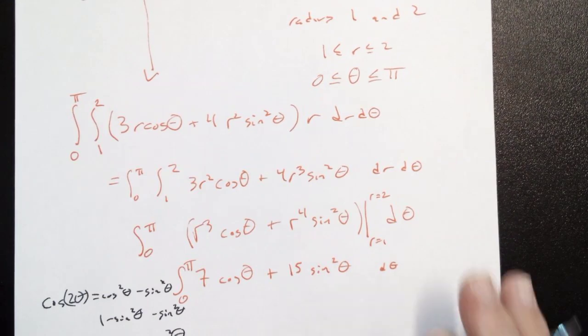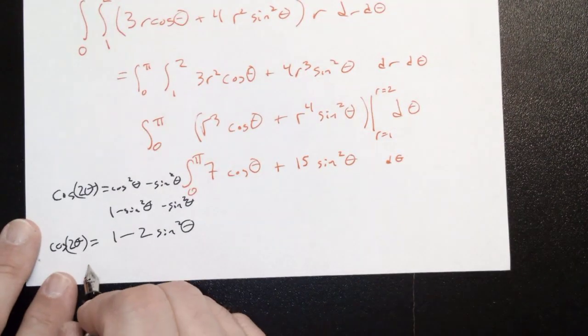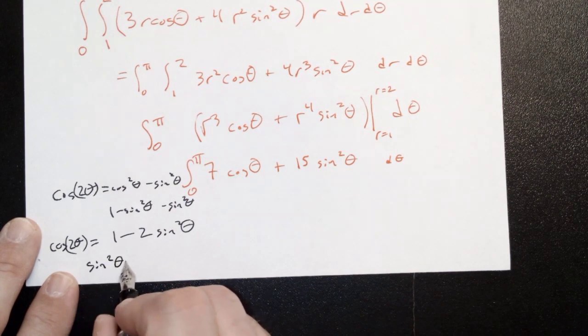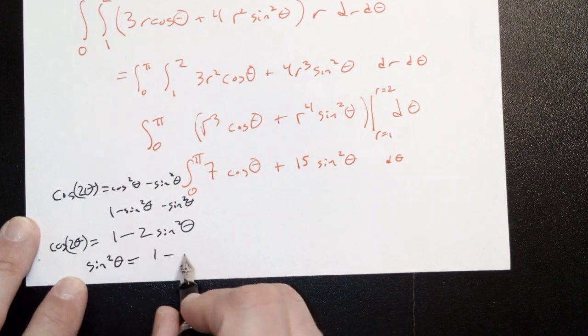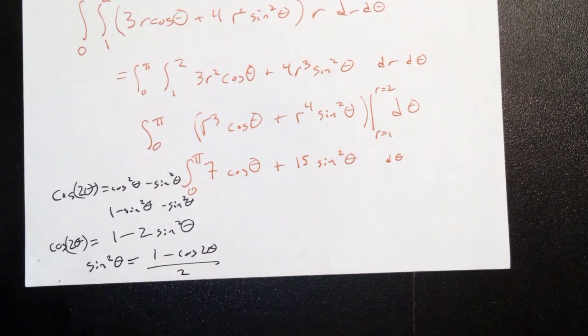And now I'm going to rearrange that to get the sine squared part all alone. And I get sine squared θ is 1 minus cosine 2θ, all over 2. The integral of cosine θ is easy, but the integral of sine squared θ requires me to use this, and then I'll need to use substitution. Chapter 7, section 2.